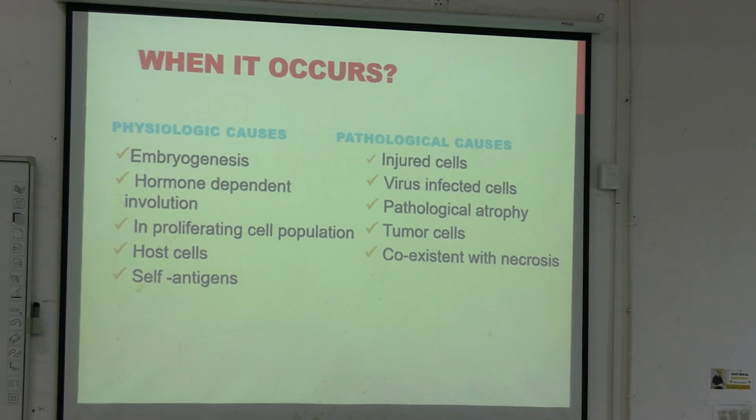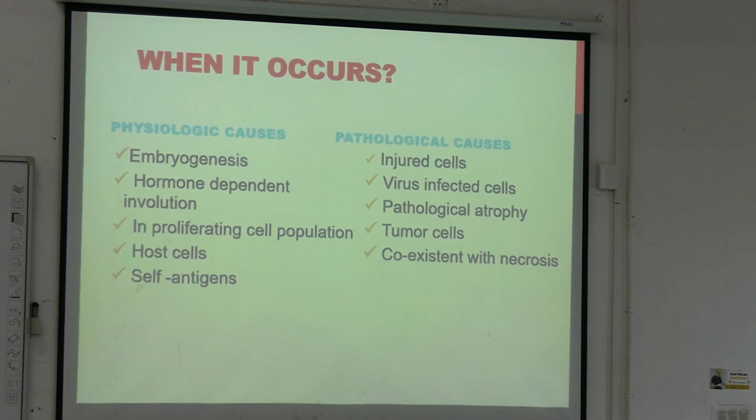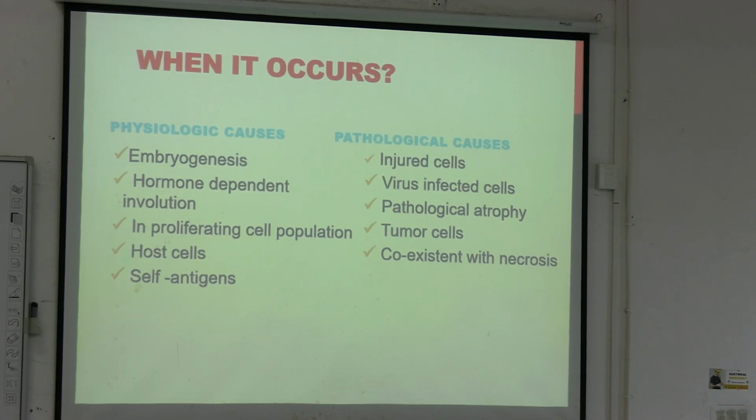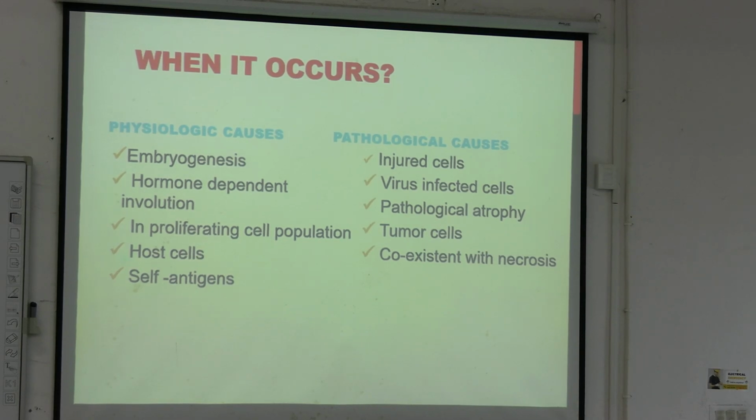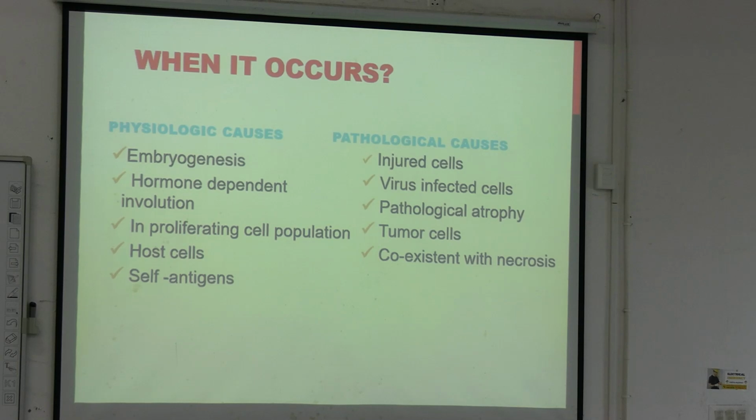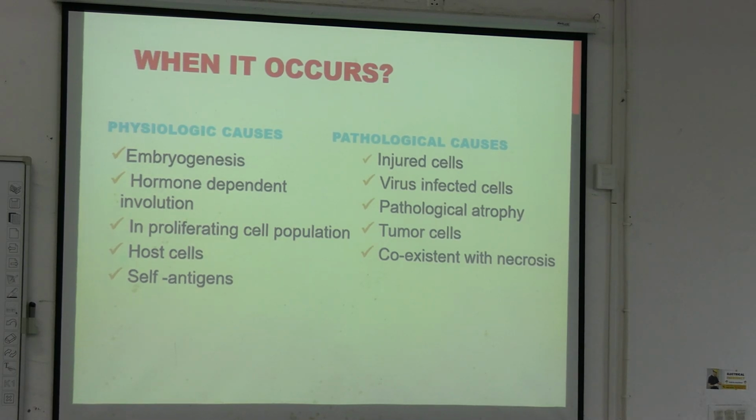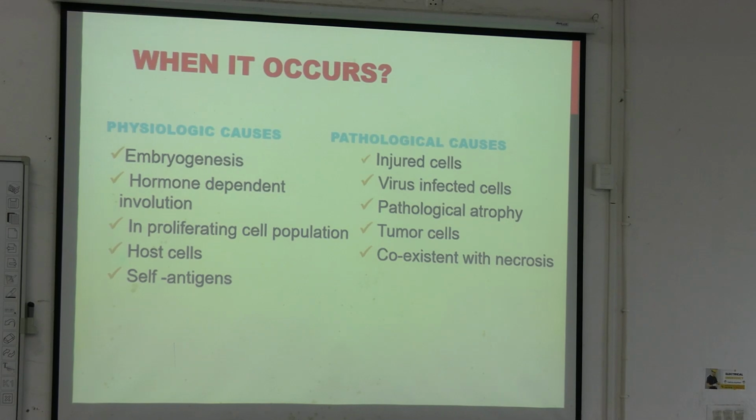Senile atrophy of endometrium, senile atrophy of brain, these are examples of pathological apoptosis. Okay, then tumor cells, যখন কোনো নিওপ্লাস্টিক সেলস undergo, mostly they undergo some kind of pathological apoptosis, or it might also occur along with necrosis, known as coexisting apoptosis along with necrosis.